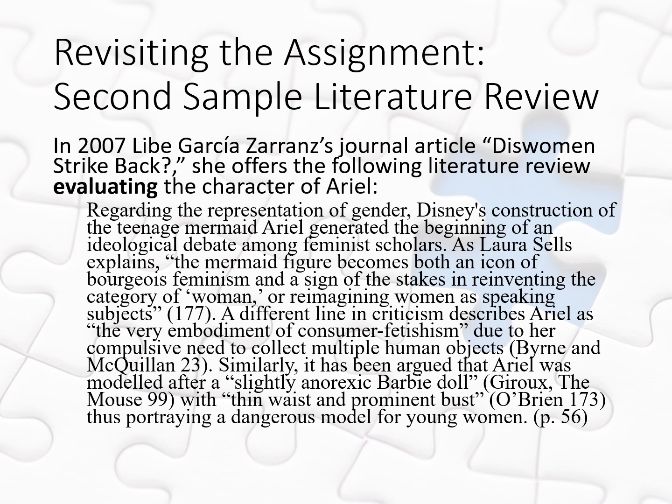So what we have here is four different sources, three sentences, ignoring the main idea. The first sentence is the main idea, establishing this topic for this paragraph. The second sentence is our first evidence from Laura Sells, and she says mermaids are these icons. And then Bryn and McQuillan say, yeah, but it's actually just consumer fetishism because of her consumptive nature.